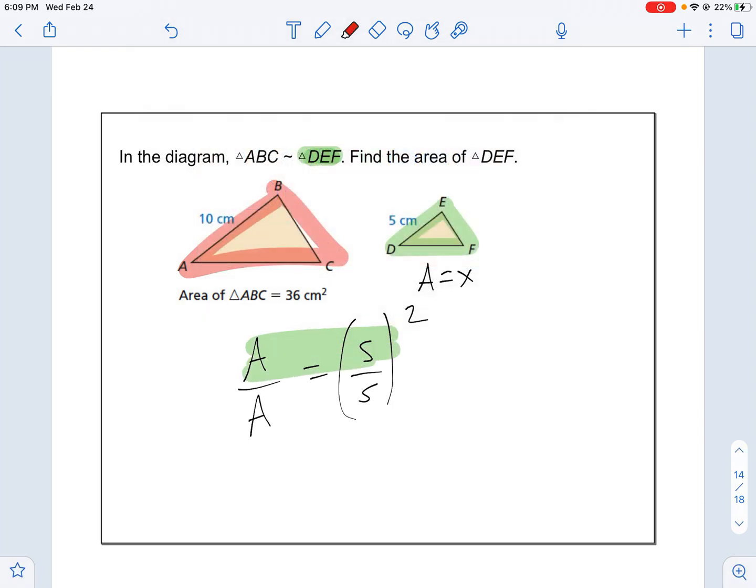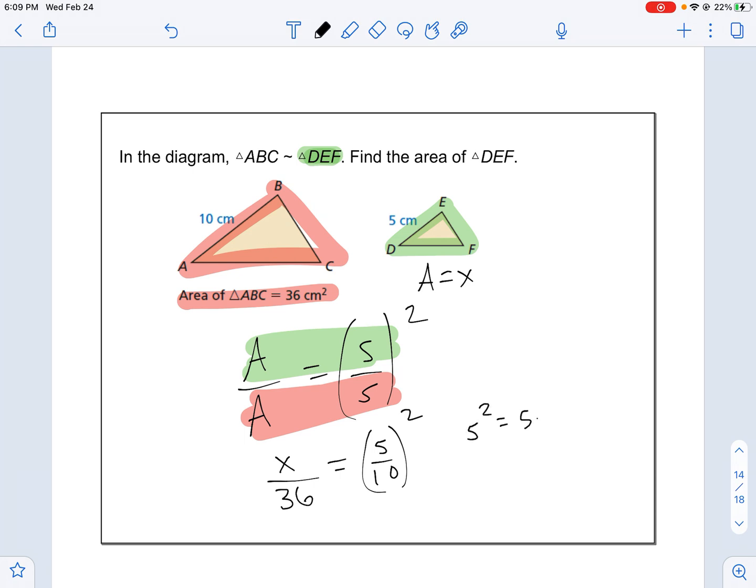This is where we're coming from, so this is going to be our bottom. So we have x over 36 equals 5 over 10 squared. And remember, 5 squared, 5 times 5, is 25. 10 squared is 10 times 10, 100. So this is x over 36 equals 25 over 100.